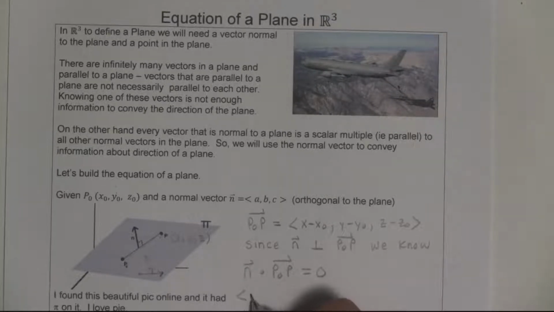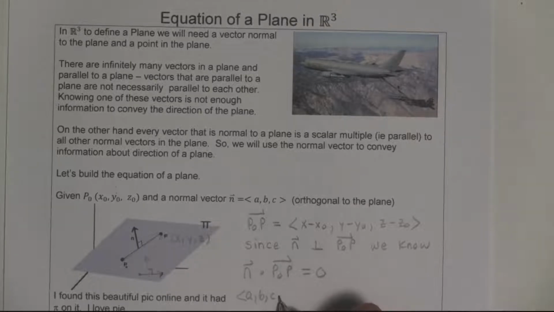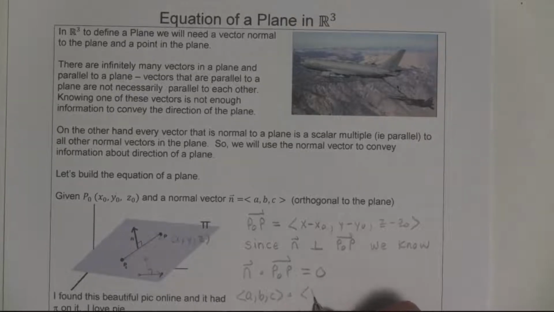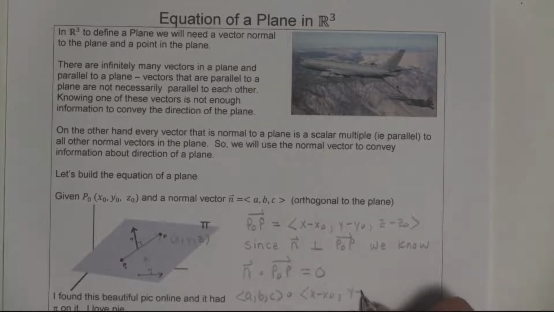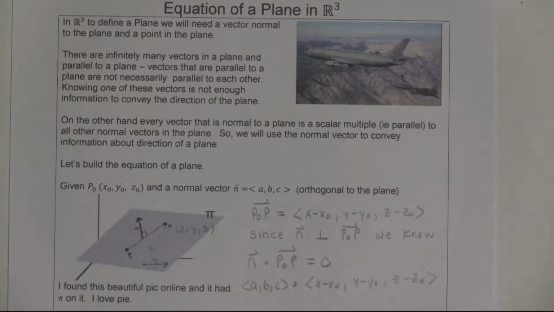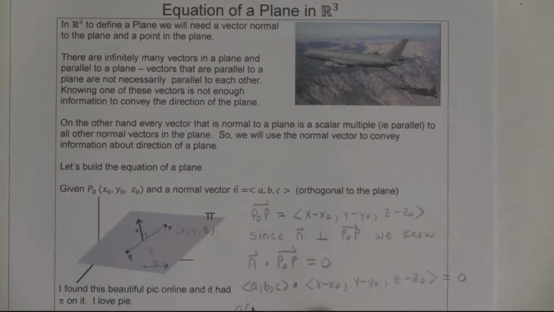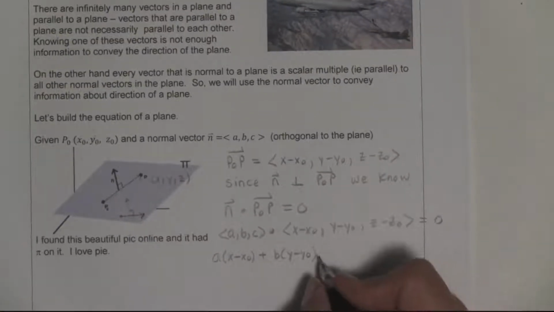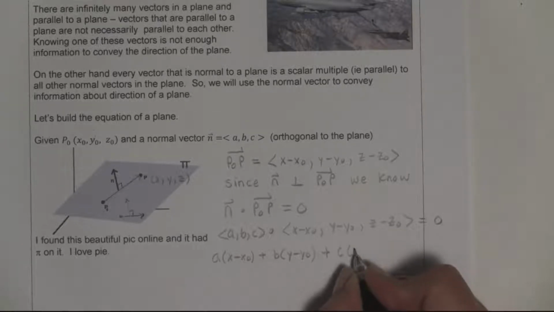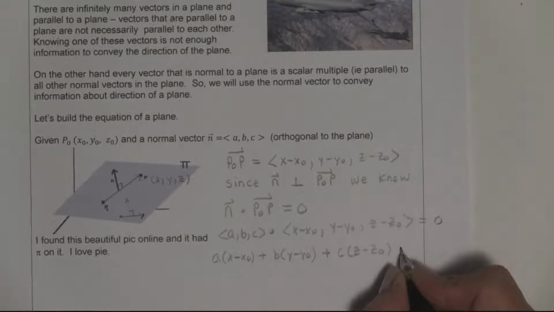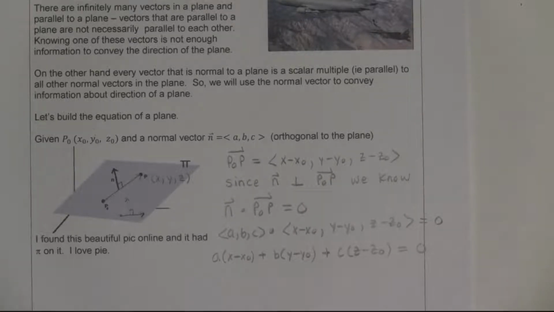So then we're going to be dotting A, B, C, that's our normal vector, with this vector here, x minus x naught, y minus y naught, and z minus z naught. That's my dot for dot product here. And I'm going to say that's equal to 0. When I put these together, this is going to be a times (x minus x naught), remember you multiply them and add them, plus b times (y minus y naught), so I'm multiplying them and adding them, and plus c times (z minus z naught), equals 0.